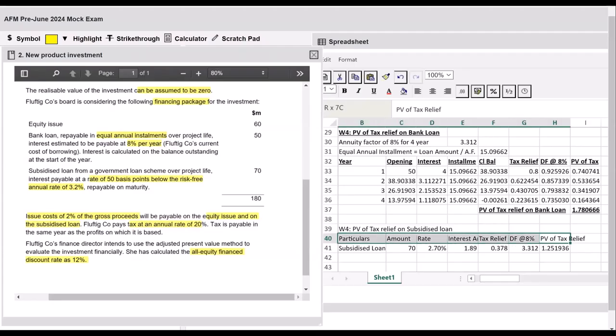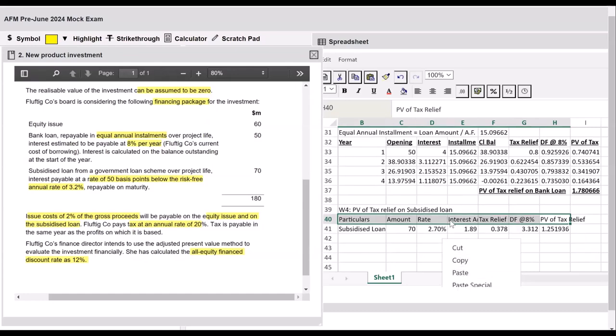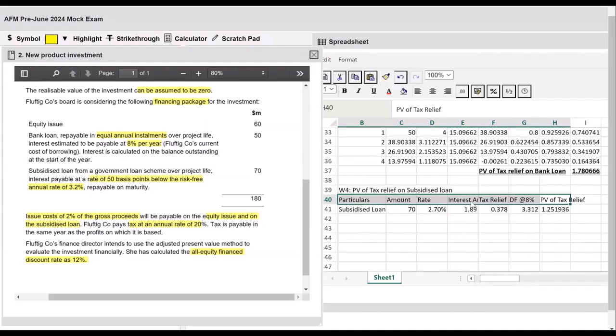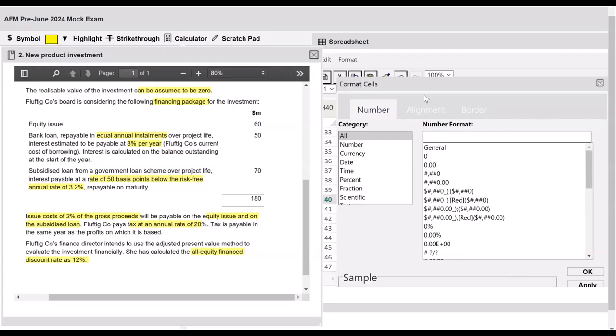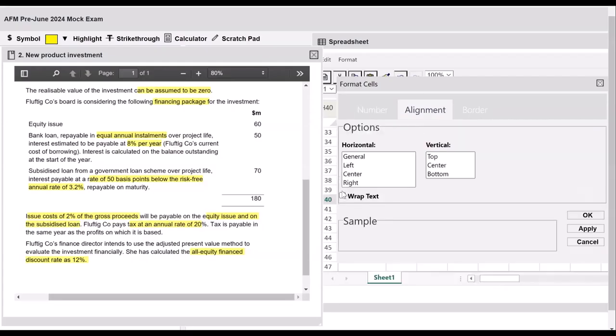Again, this can be made a little more organized using the format cell option and wrapping the text.